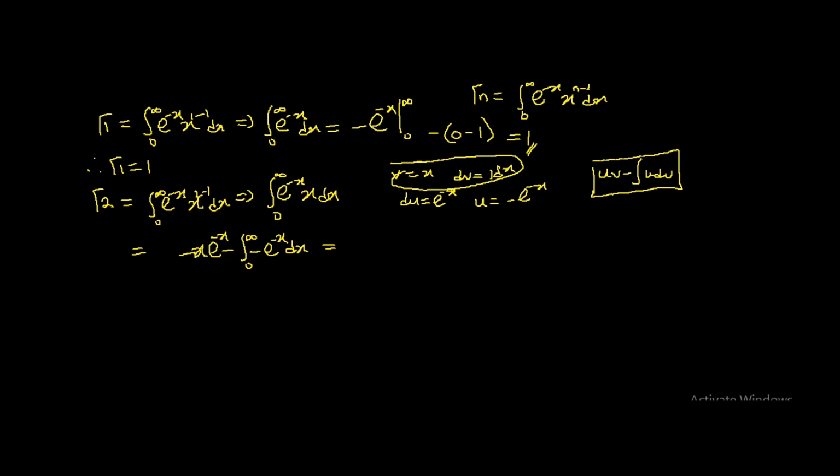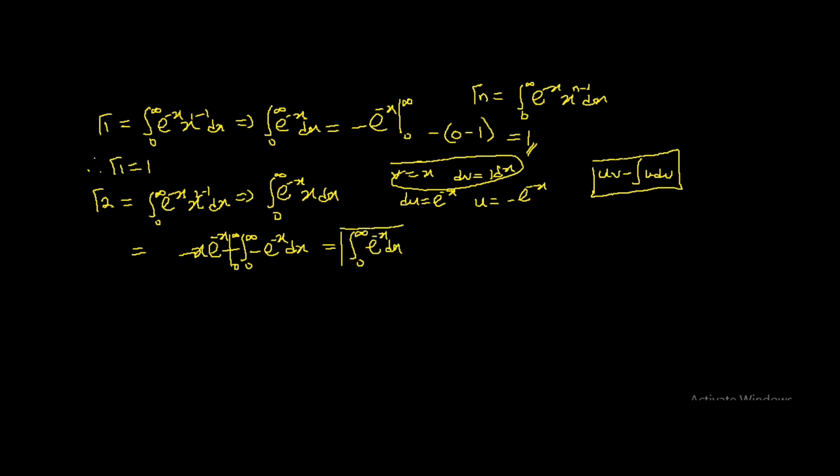Sorry, I omitted something here. This is supposed to be minus, taking the limit from 0 to infinity. If you take the limit from 0 to infinity here and substitute in x, everything in the first part turns to 0. So automatically the whole of this first part is 0, and this minus will strike this minus, so we are going to have plus. You'll be left with the integral of exponential minus x dx.